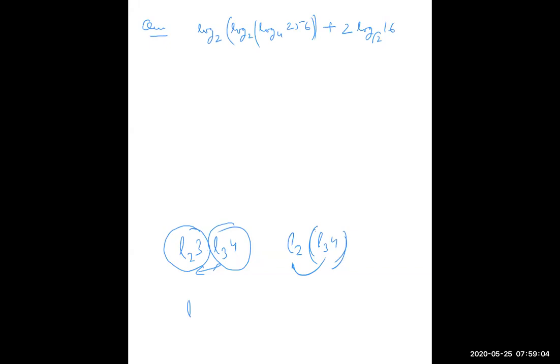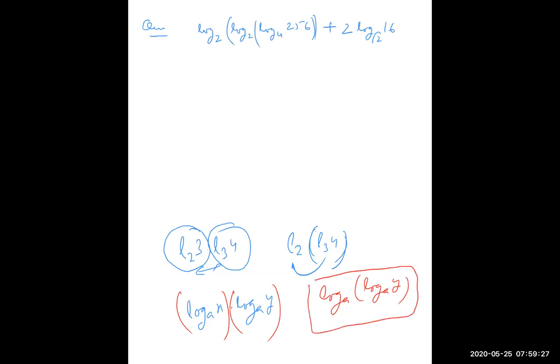See, log ax times log ay is one thing. The second thing is log a of log a y. Can you distinguish between these two things? This is the product of two functions, but the right-hand side is a composite function. First I take this log, then it goes inside another log. Okay, sir. Got it, so they are not the same things.